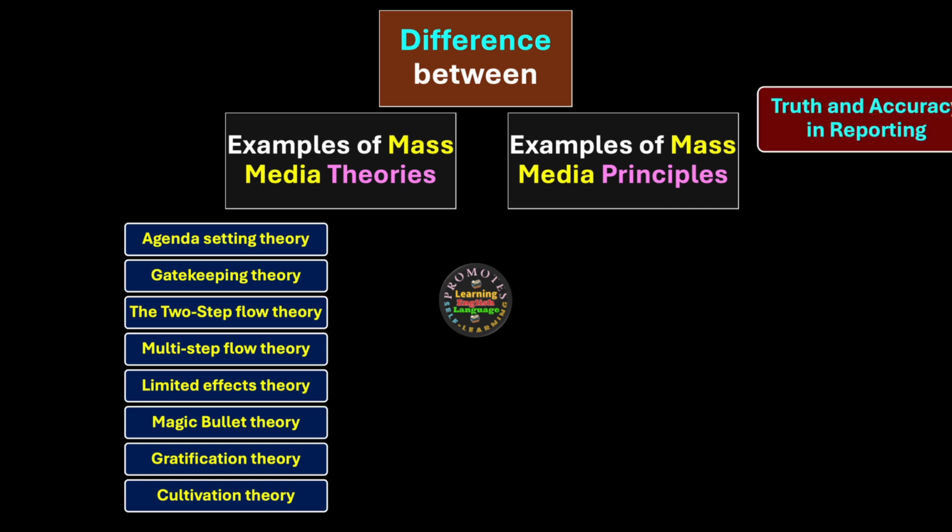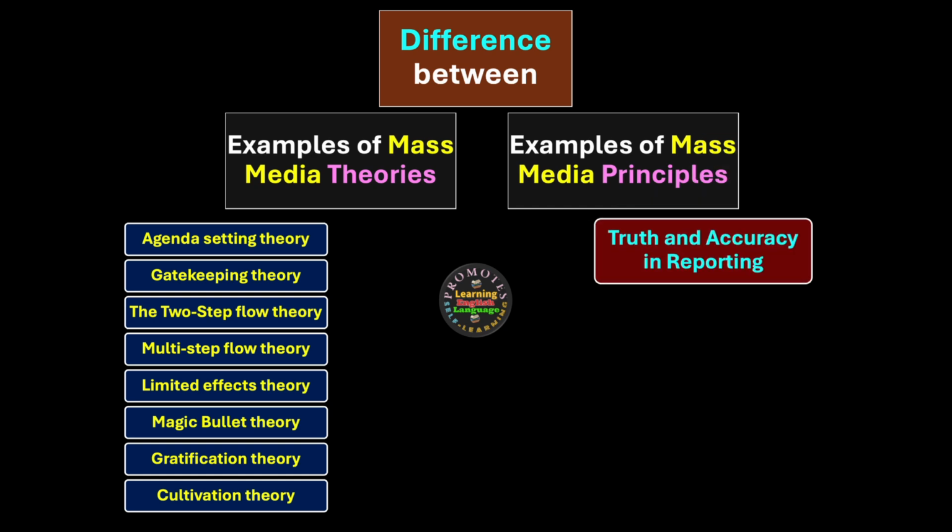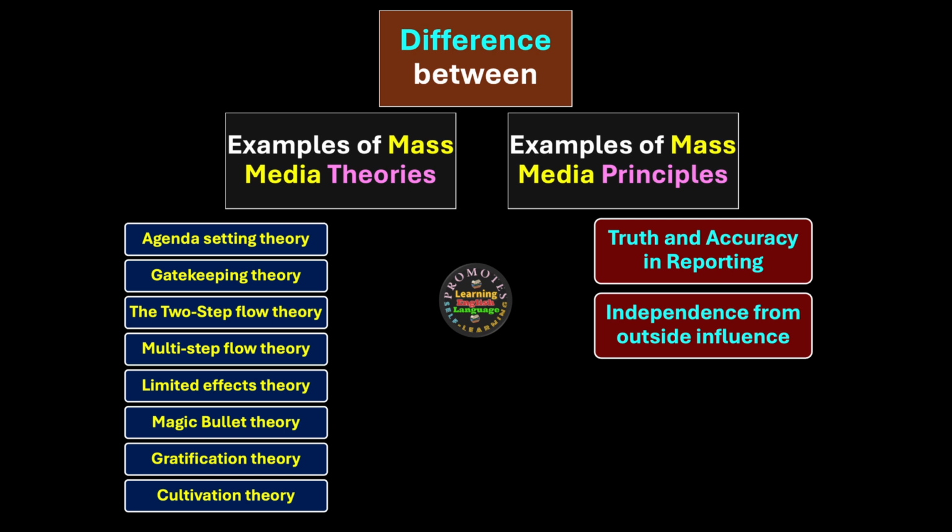Whereas examples of mass media principles, the first point we can talk about is truth and accuracy in reporting, which are very important. The second point, independence from outside influence, whether it is corporate influence, or political influence, or individual influence.